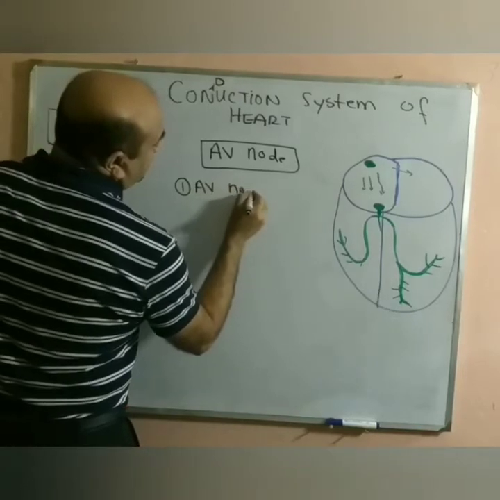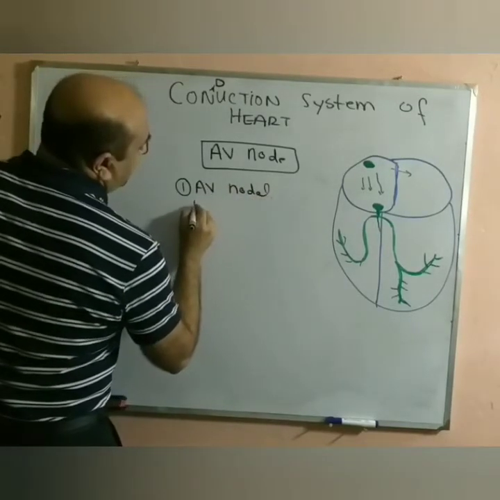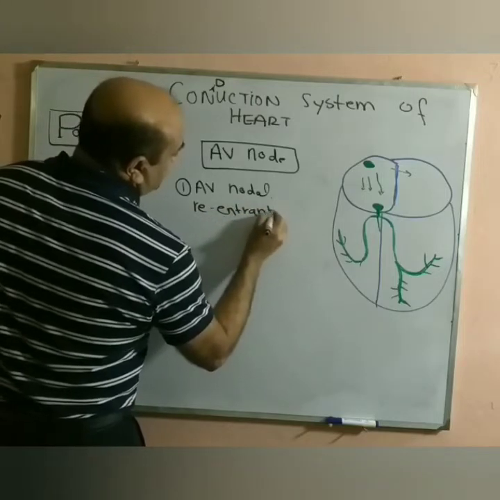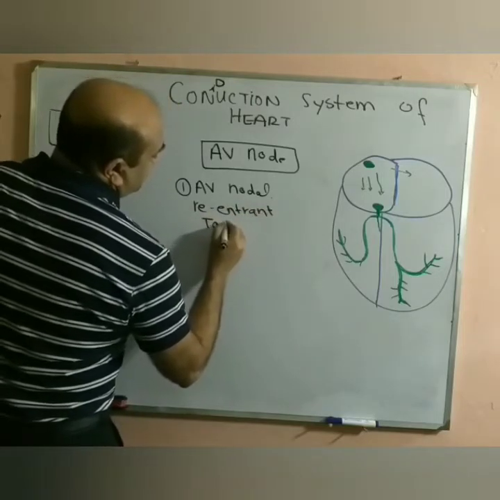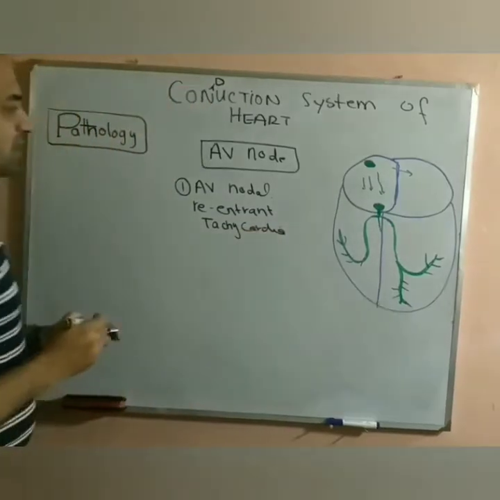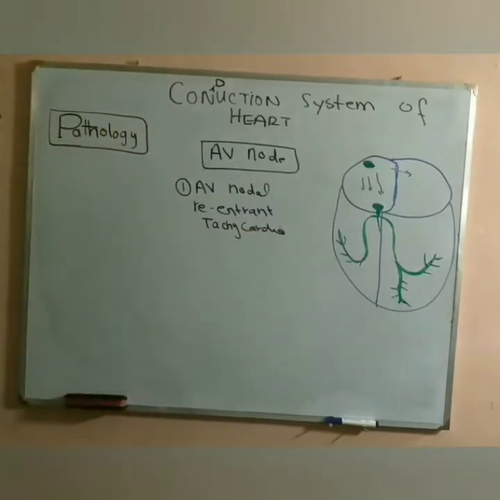Here, the AV node has another tract, another accessory pathway, and after the impulse has gone down to the ventricle, it comes back through that accessory pathway and causes the heart rate to double or more than double.